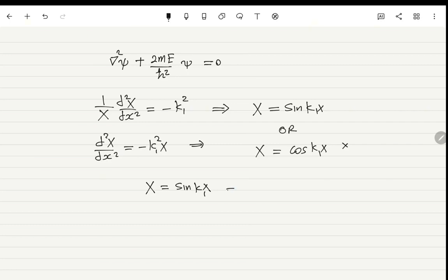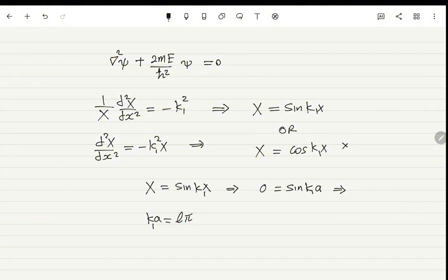Now psi also vanishes when x equal a, therefore 0 equal to sine k1 a, and from this one here we can state that k1 a equal to L pi.